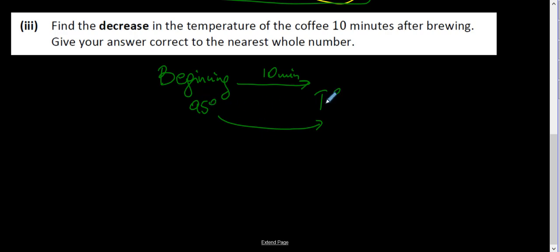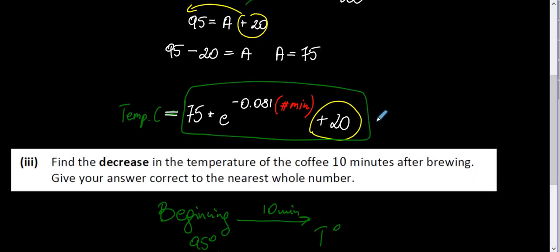How do we find the temperature of the coffee? Well, that's where we have this formula, isn't it? We are looking for the temperature of the coffee, therefore we know the time, the number of minutes, and that is 10 minutes.